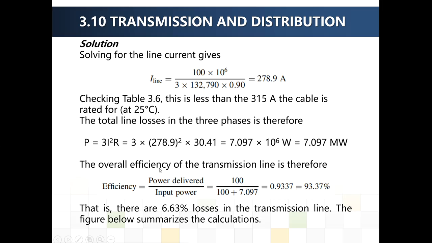Now the overall efficiency of this transmission line is equal to the power delivered divided by the input power, which is 100 divided by 100 plus 7.097, which is 93.37%. Therefore, there is a 6.67% loss in the transmission line.